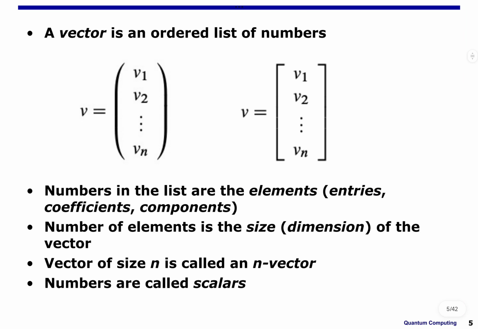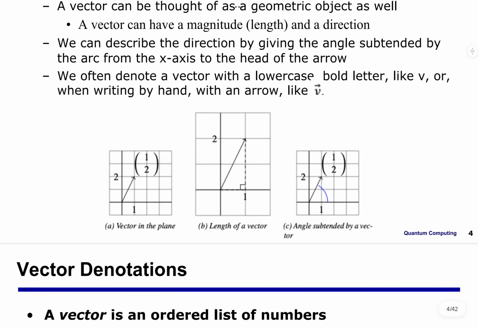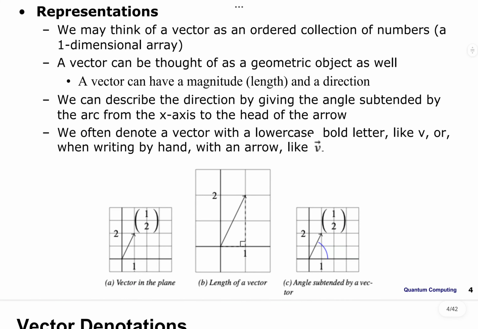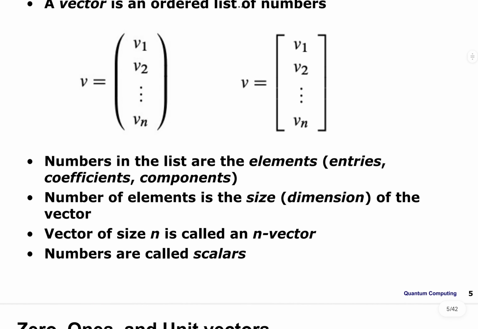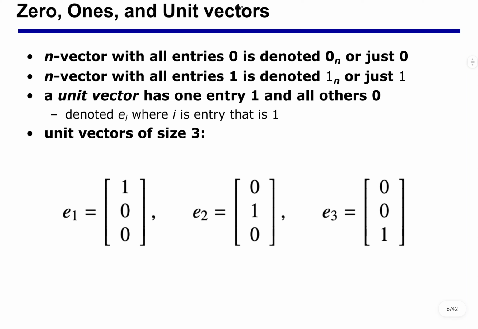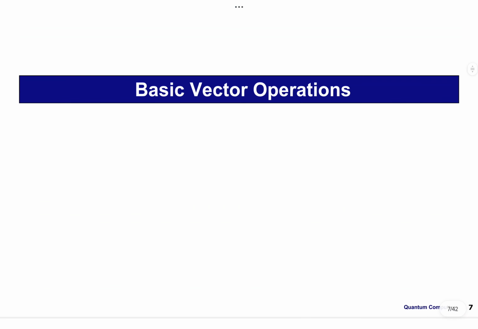So there are notations like little numbers, and these are scalars. But we should also focus on the special ones: zeros, ones, and unit vectors like this.